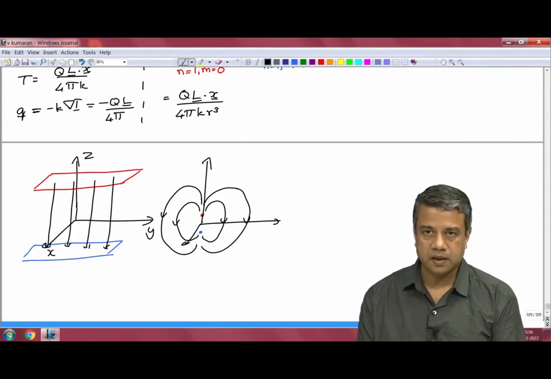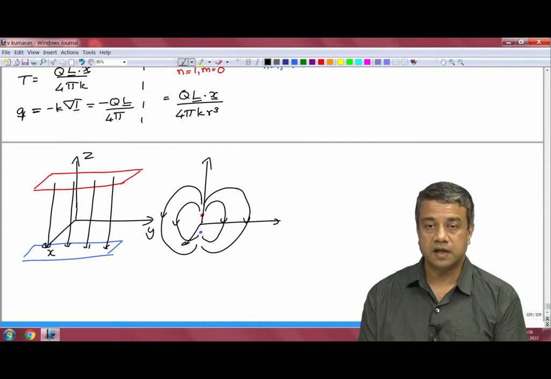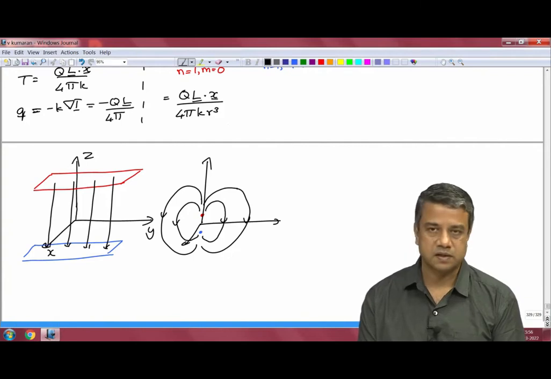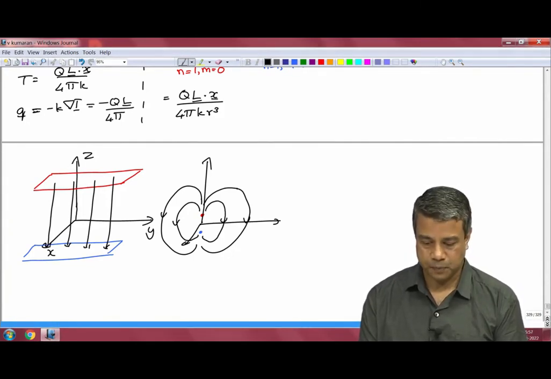The growing harmonic on the left is a source and a sink, infinite extent, separated by a large distance in such a way that the flux lines between these two are just constants, and the temperature is a linear function of distance in the z direction.